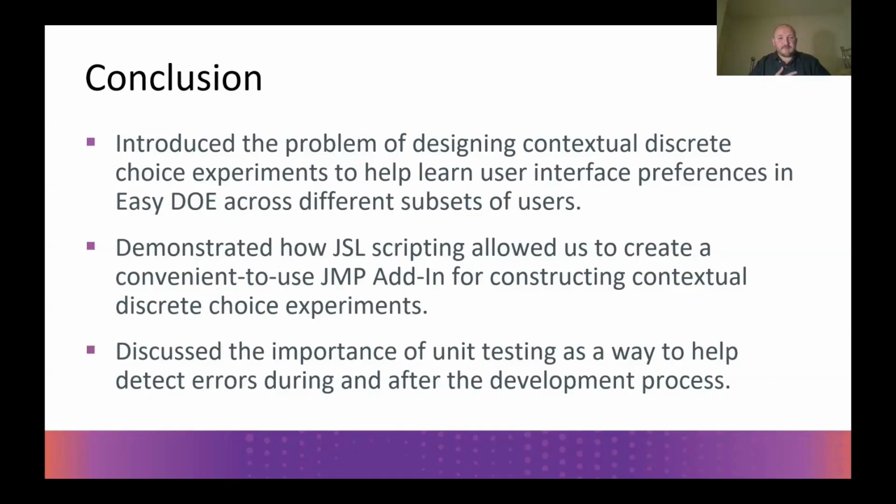And lastly, I discussed the importance of, either during or after the process of making your add-in, performing some unit testing as a way to help detect errors during and after the development process.